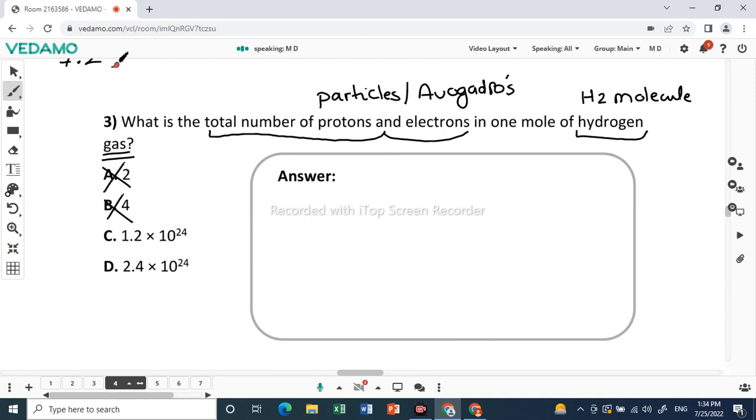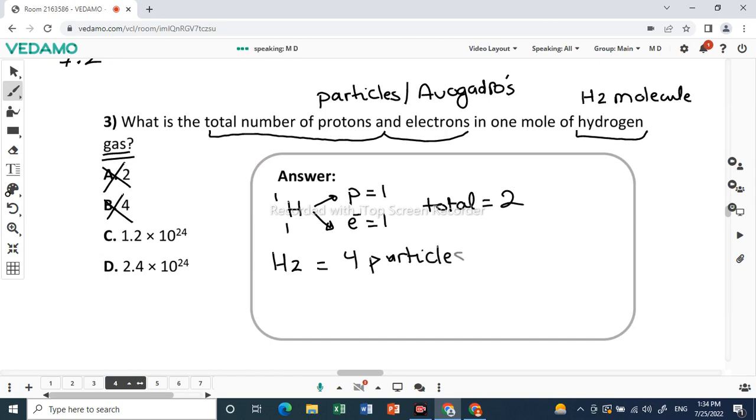So my choices would be either C or D. Now I'm going to count how many protons and electrons are present inside the hydrogen molecule. Talking about one hydrogen, I have one atomic number and one mass number, so the protons will equal 1 and the electrons also equal 1. So the total is 2 particles. Since I've got a hydrogen molecule, I'm talking about 4 particles.